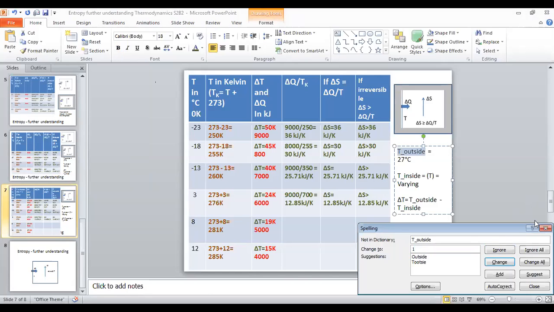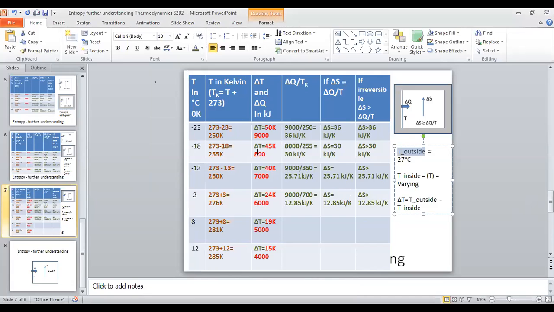That's why it is very close figures. Then 40 by 50 times 9,000. 40 by 50 is 0.8. This is 7,200.